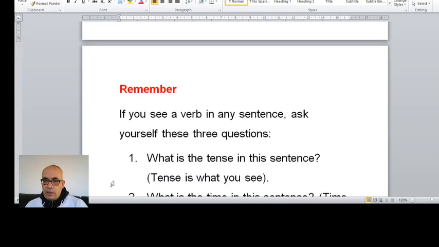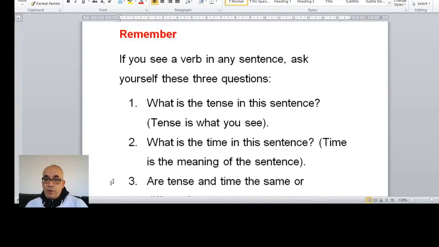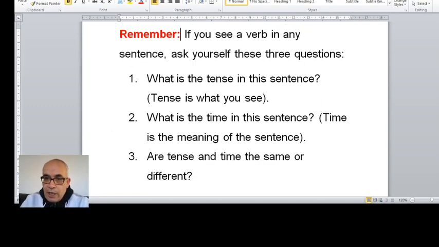So, and this is my advice to you. Remember, I can put it like this for you. If you see a verb in any sentence, ask yourself these 3 questions. What is the tense in this sentence? Tense is what you see. Number 2, what is the time in this sentence?